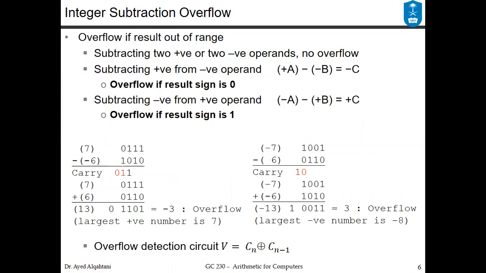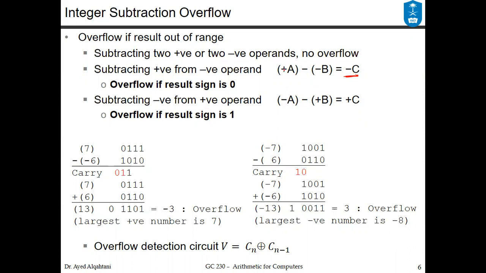We do the same now for the subtraction overflow. The overflow happens if you subtract a positive from a negative and you get a positive, or you subtract a negative from a positive and you get a negative. Those cases will cause an overflow. So remember those cases quickly for subtraction.